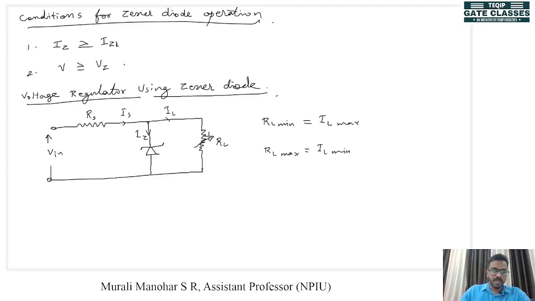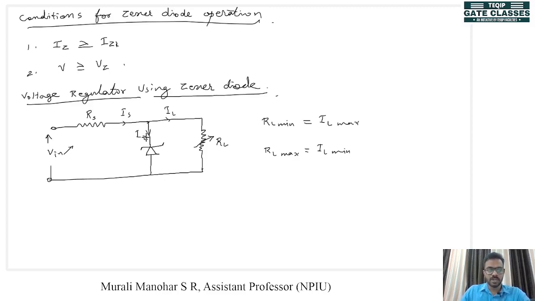Now, when we look at the circuit, Vin is also varying. This is a varying potential. Our worst scenarios are when Vin is minimum and IL is maximum. In order to get maximum IL, IS should also be maximum. So when IS is maximum and IL is maximum, there is a problem that IZ could go beyond its maximum limit.